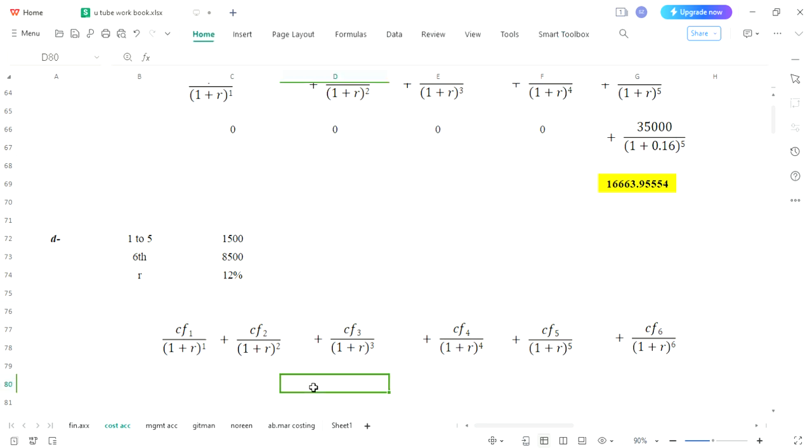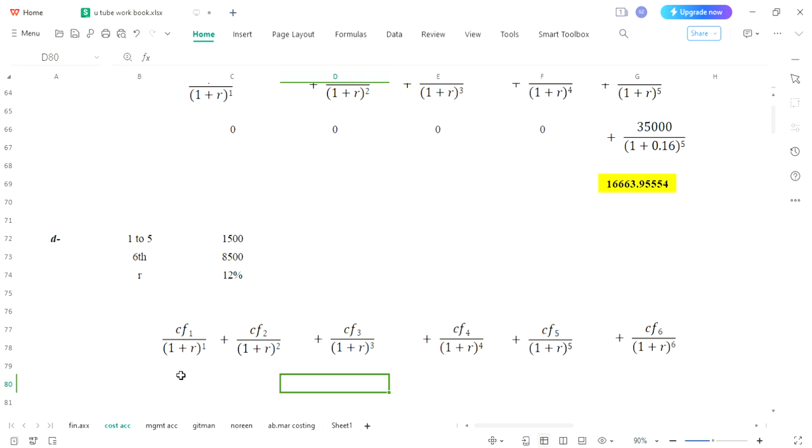You can use individual formulas and the collective formula as well, because we have 5 same amounts and the 6th amount is different. These individual formulas can be used when amounts are the same, and they can also be used when amounts are different or the same. In both cases you can use this formula.